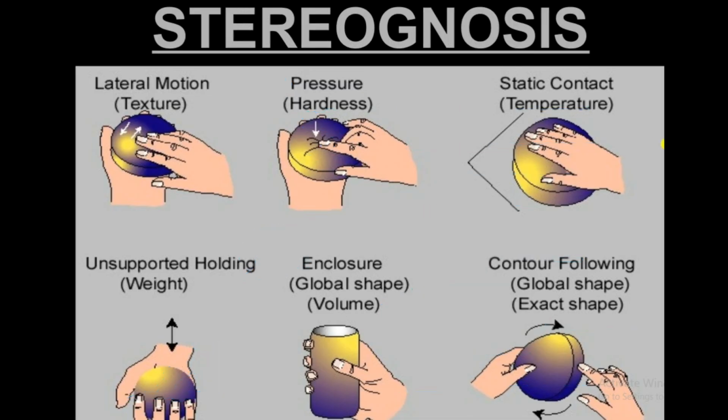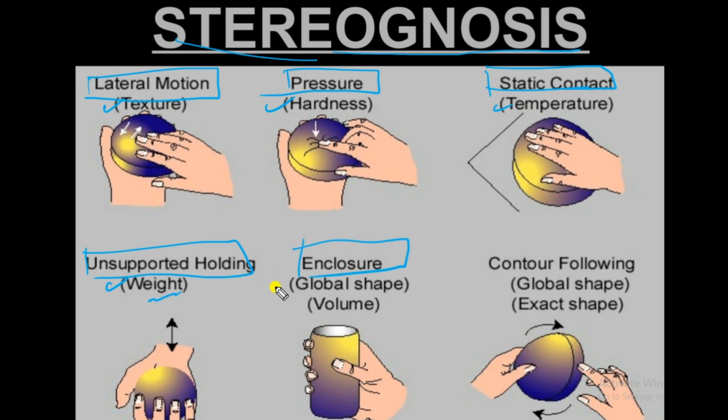Stereognosis and lateral motion: we can understand the texture. By pressure, we can understand the hardness. By static contact, we can understand the temperature, and by unsupported holding, we can understand the weight.